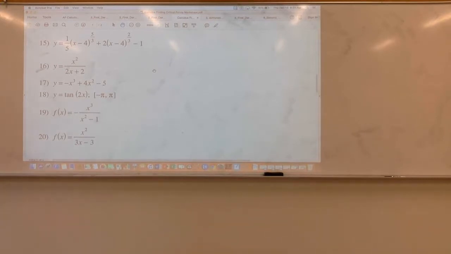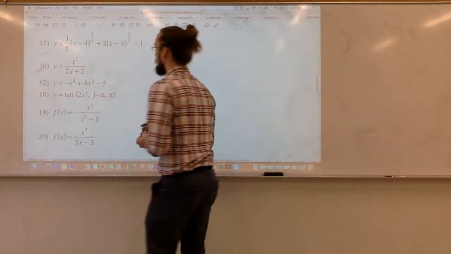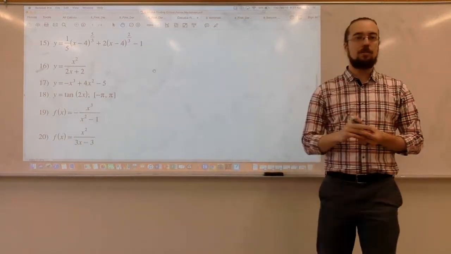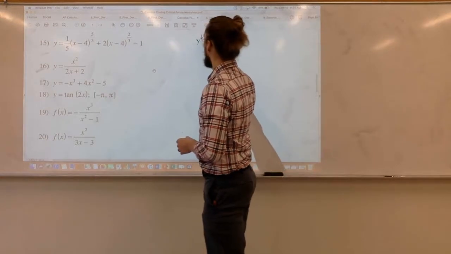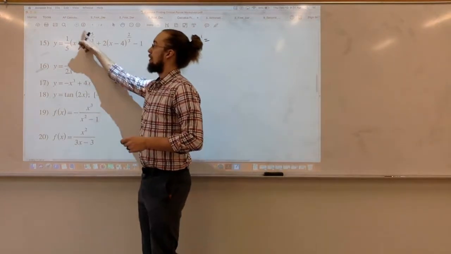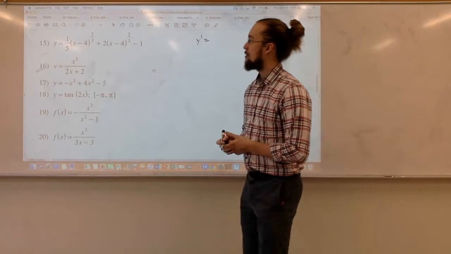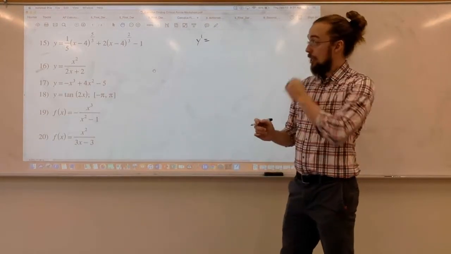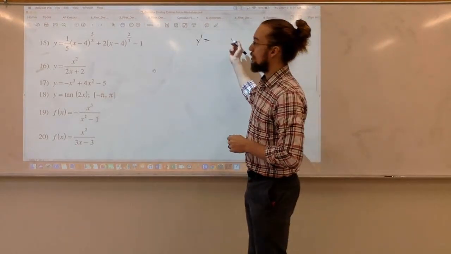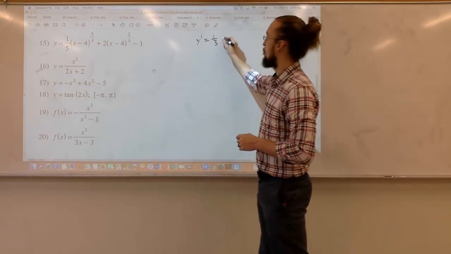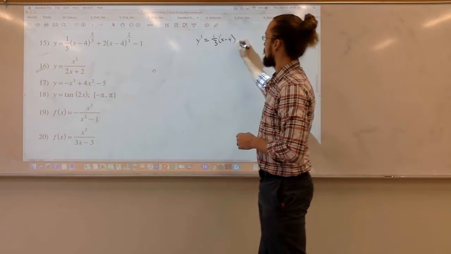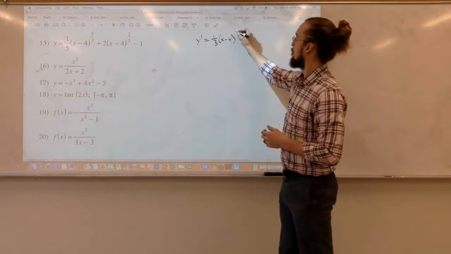Alright, number 15. This one I think was pretty similar to number 5 from the other day. So first, if I take my derivative, I will bring the 5/3 down. So 5/3 times 1/5 would be 1/3, right? 5/15ths are 1/3, times x minus 4, and then subtract 1 from the exponent.